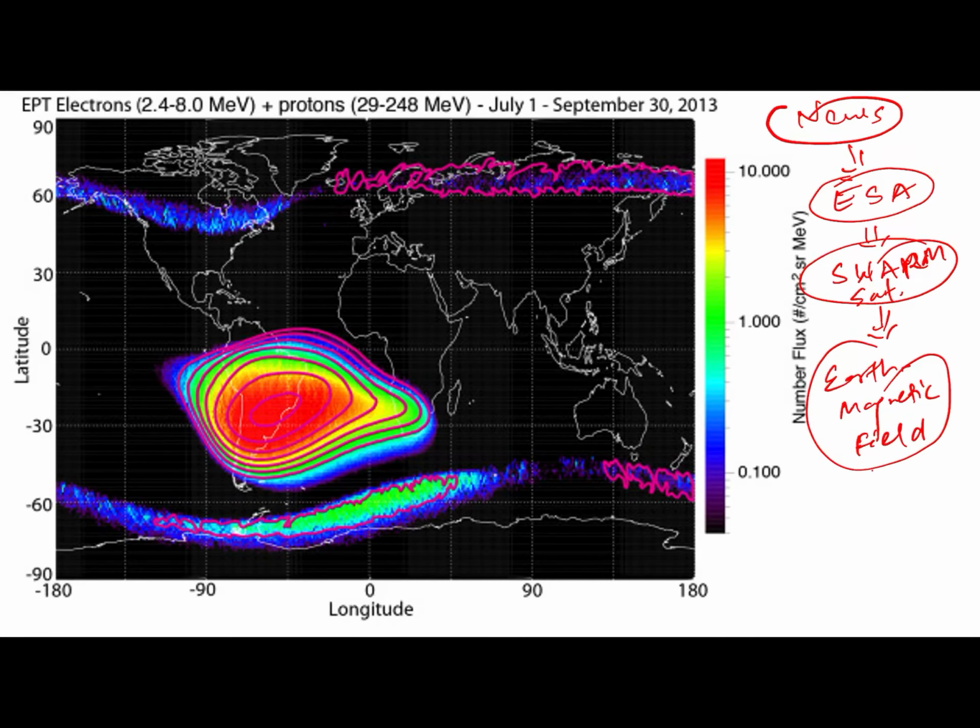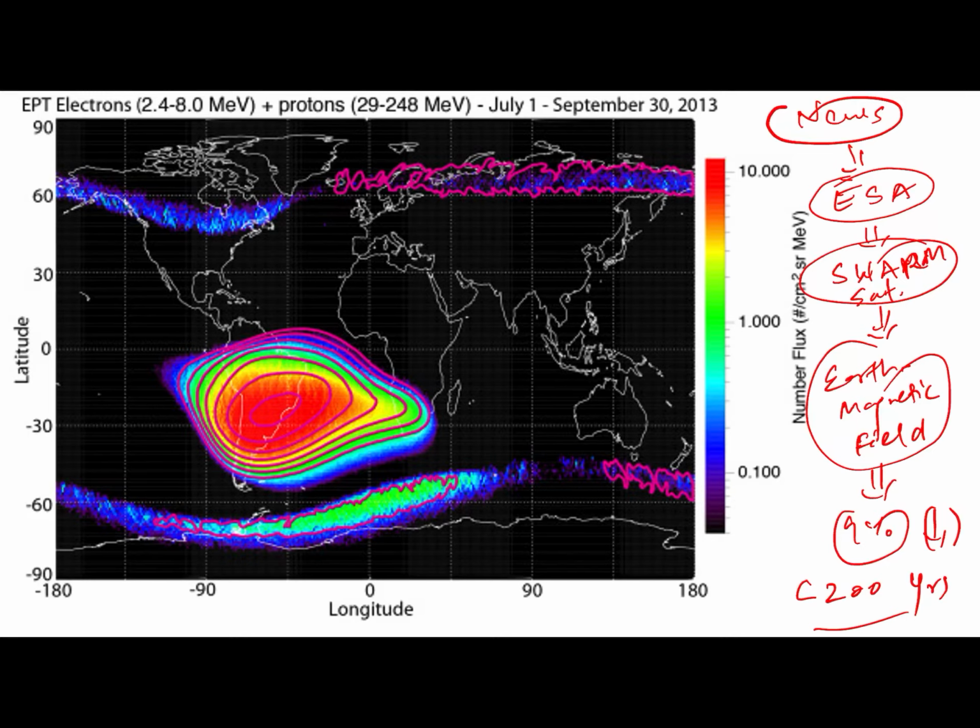So how much has it reduced? As per data from the last 200 years, 9% of the earth's magnetic field has been reduced, and this data is a compilation or study of the last 200 years.